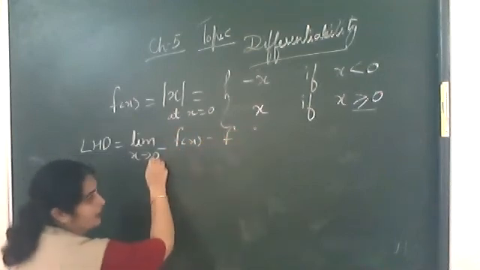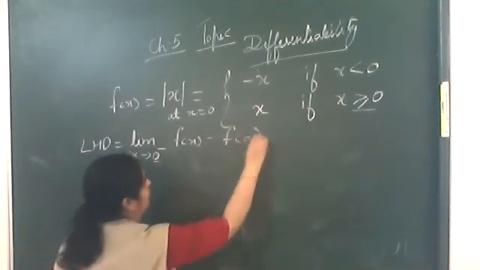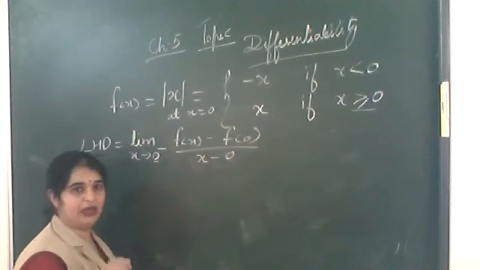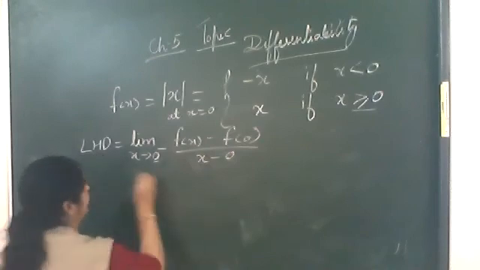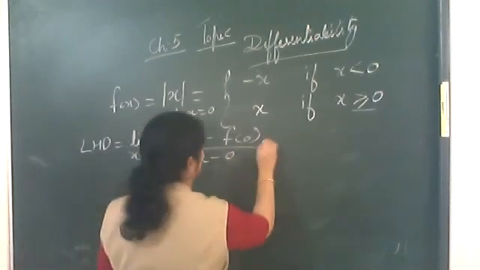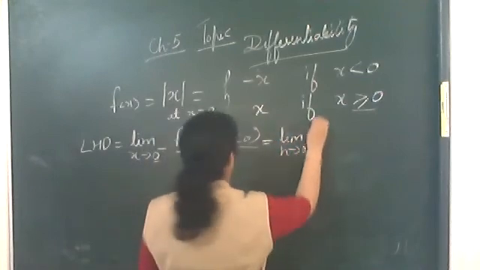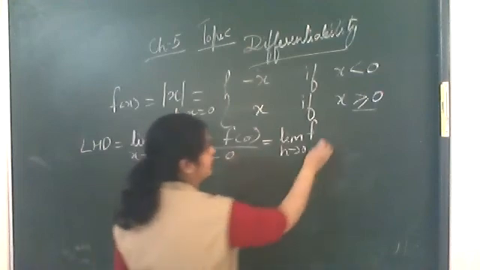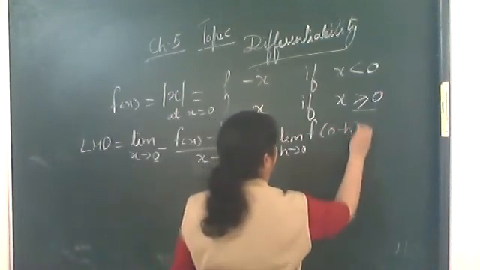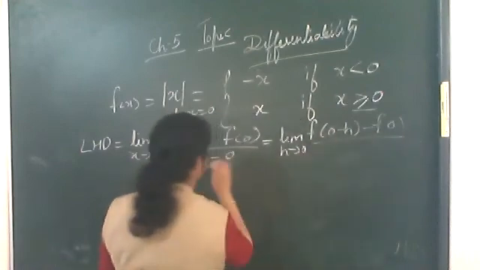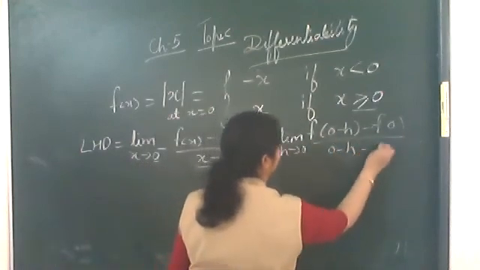Now c is 0, so f(x) minus f(0) upon x minus 0. This will be equal to the limit h tending to 0 of (f(0 minus h) minus f(0)) upon (0 minus h minus 0).